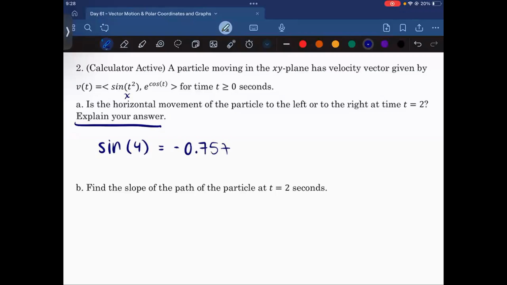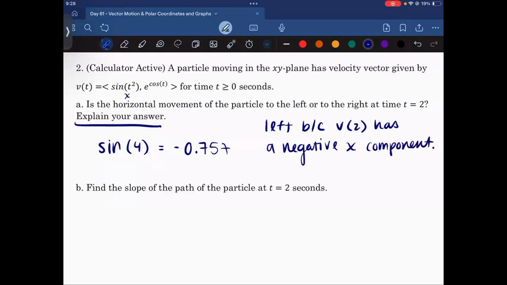And it's left because v2 has a negative x component. So we got our explanation. So we found it. And then we explained it's left because it's going negative.